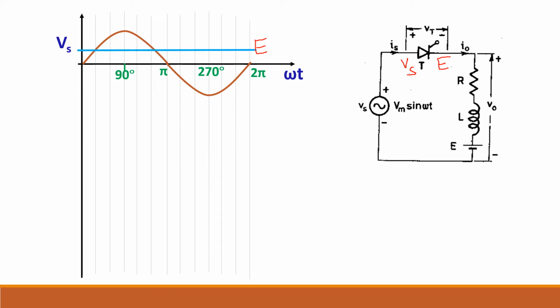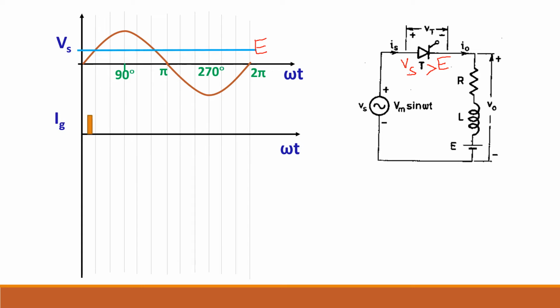So this thyristor will be forward biased only whenever Vs is greater than E, and after that if you give a gate pulse, it will get turned on.